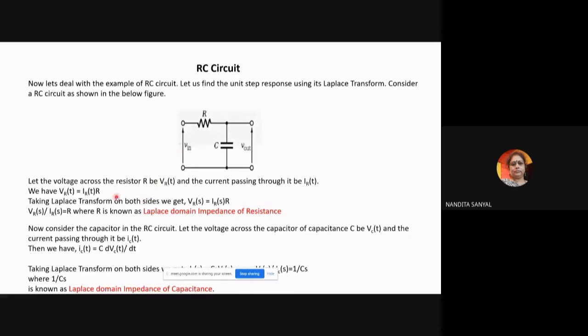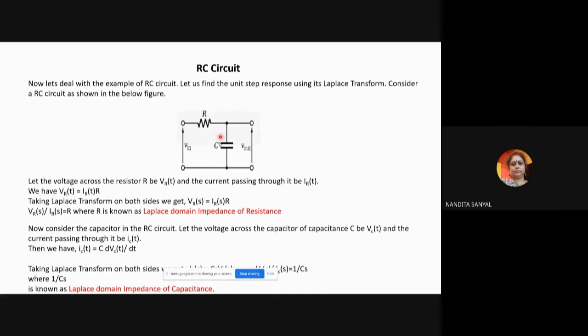The voltage across the resistance is taken as VR(t), and the current flowing through it is IR(t). So we can see that VR is equal to IR into R in the Laplace domain. So this R is called the Laplace domain impedance of the resistance.